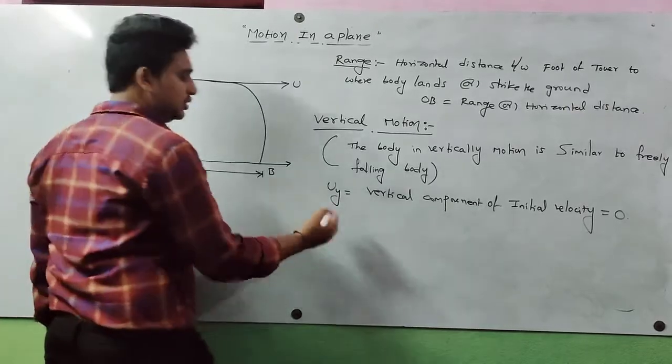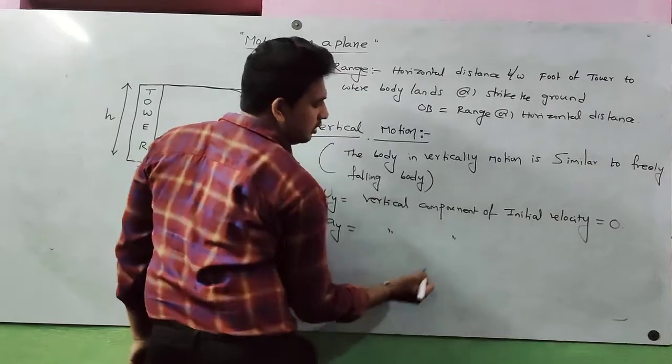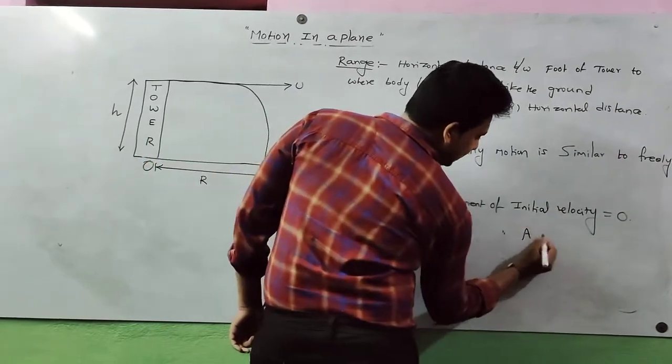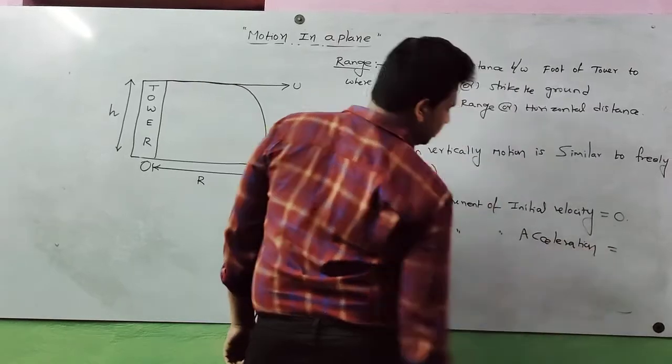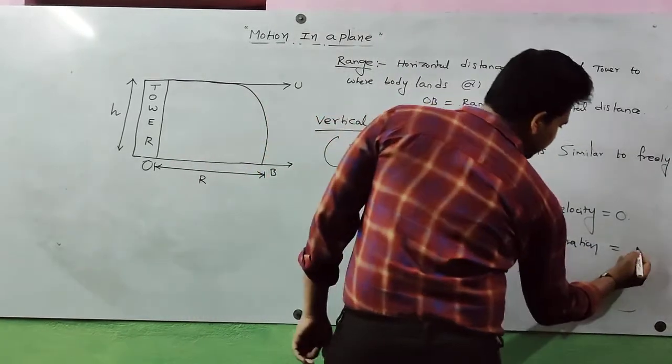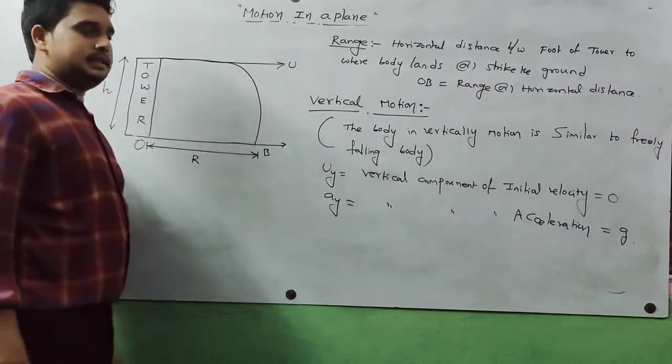So uy is equal to 0. ay, the vertical component of acceleration, is equal to g.